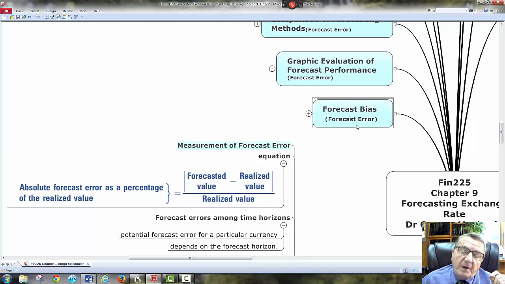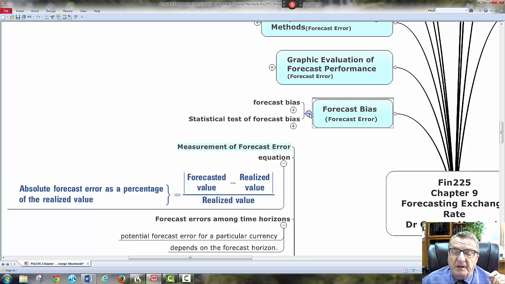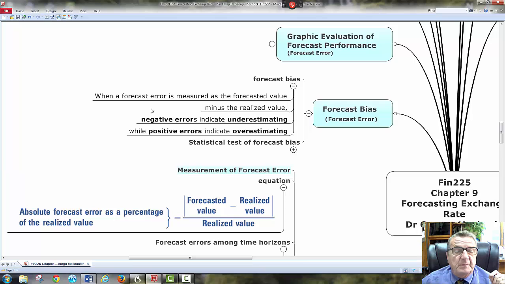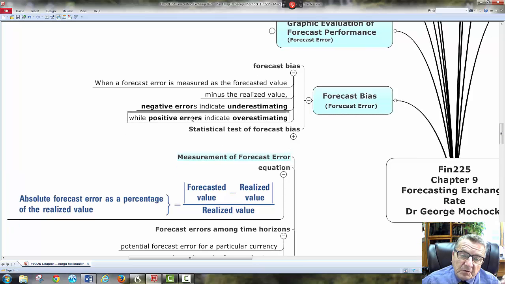Now, forecast bias, again part of the errors. When a forecast error is measured as the forecast value minus the realized value, negative errors indicate underestimating.